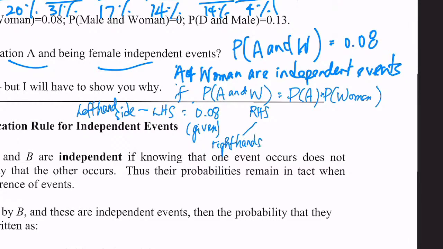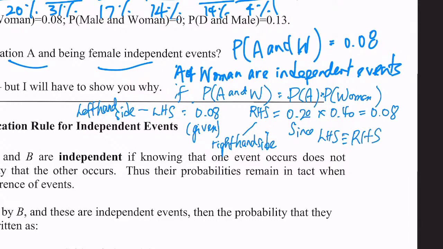This is how you do a proof in mathematics. The right-hand side is equal to, well, P(A) was given as 20%, and probability of women, we calculated as 40%, which is equal to, we got the same thing. So since the left-hand side is the same as the right-hand side, then they are independent.